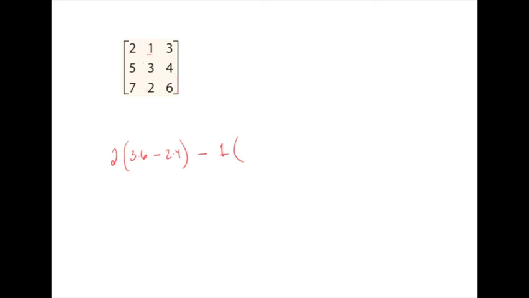If I use this 1 and ignore these, it's going to be this guy and this guy. So I'll say 5 times 6 minus 7 times 4. And then plus my leftover 3, and I'm going to use this 2x2. 5 times 2 minus 7 times 3.